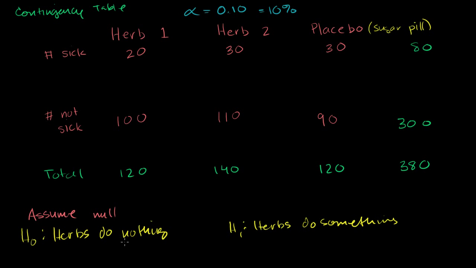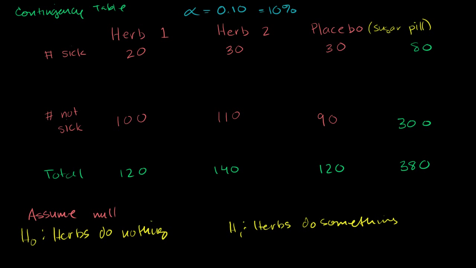So let's figure out how we can get the expected number. We're assuming the herbs do nothing. So if the herbs do nothing, then nothing happened to this whole group; these herbs were useless. And so we can use this sample right here to figure out the expected number of people who would get sick or not sick.